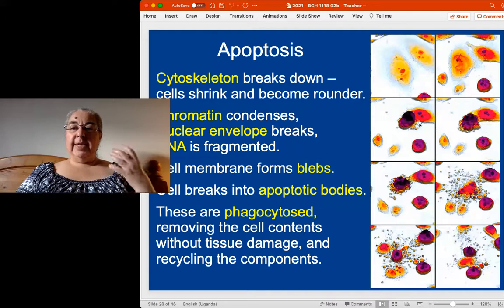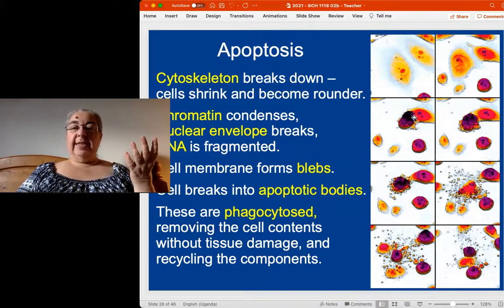The chromatin inside the nucleus condenses in a similar way to chromatin condensing during cell division, and the nuclear envelope breaks down and lets the DNA of the chromosomes be released into the cytoplasm.